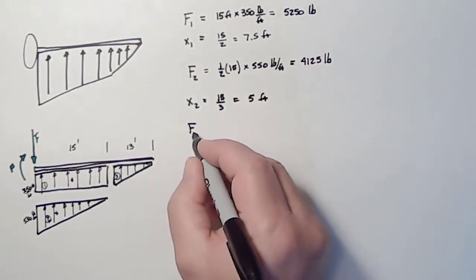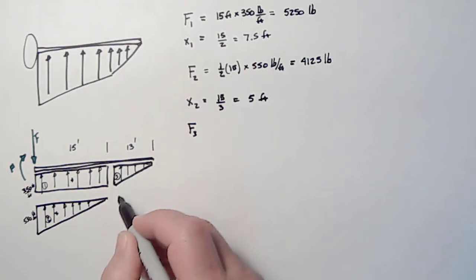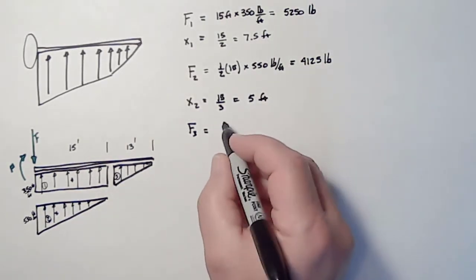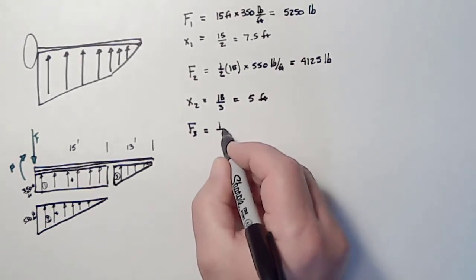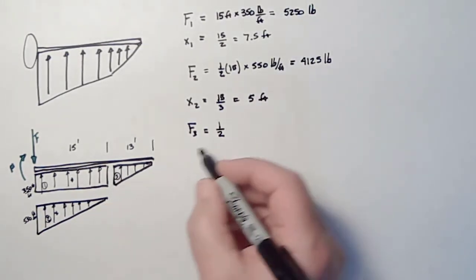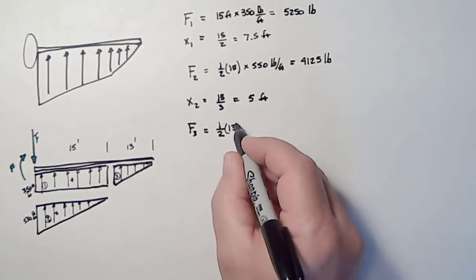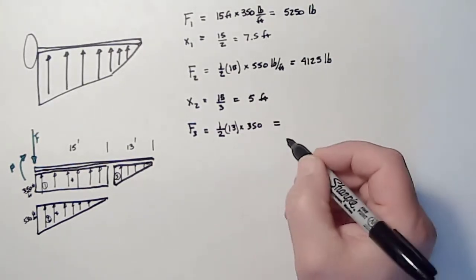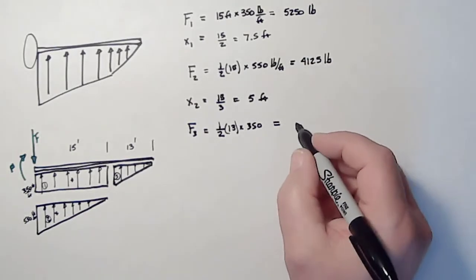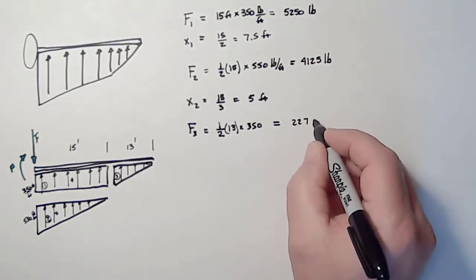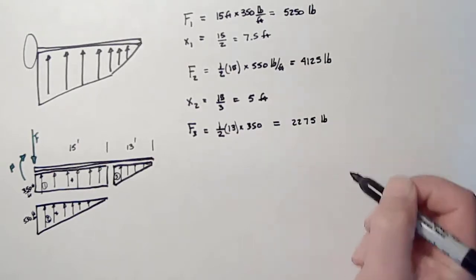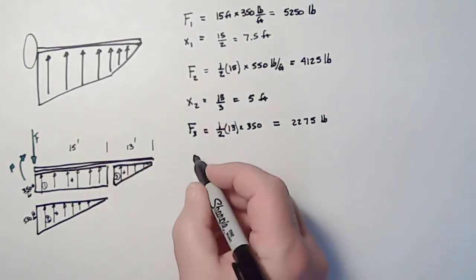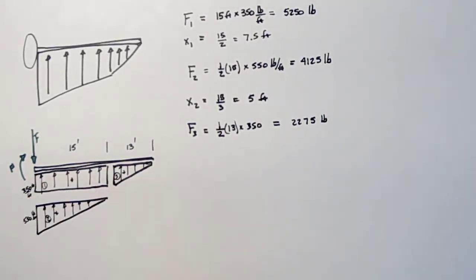And then finally the third force, 13 feet long, 350. Its force is 1/2 base of 13 feet times 350 pounds per foot, which is 2275 pounds. Its location is 1/3 of 13 plus the 15.